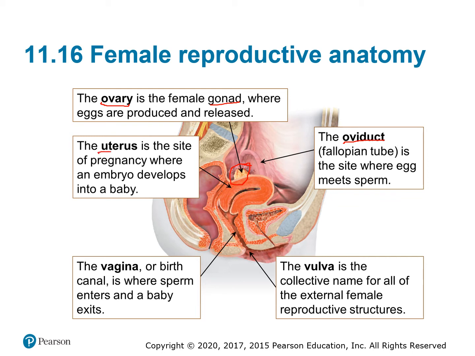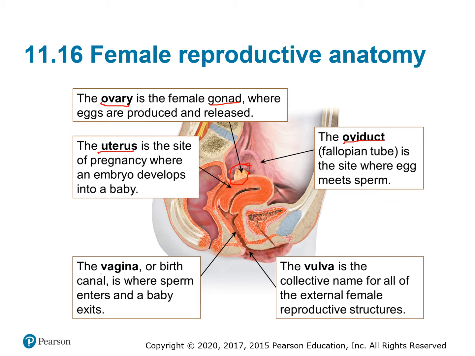And then the uterus is the site of the pregnancy where the embryo develops into a baby. If you remember from when we talked about in the animal chapter, we talked about the development of the placenta with some types of mammals, and that occurs in the uterus.